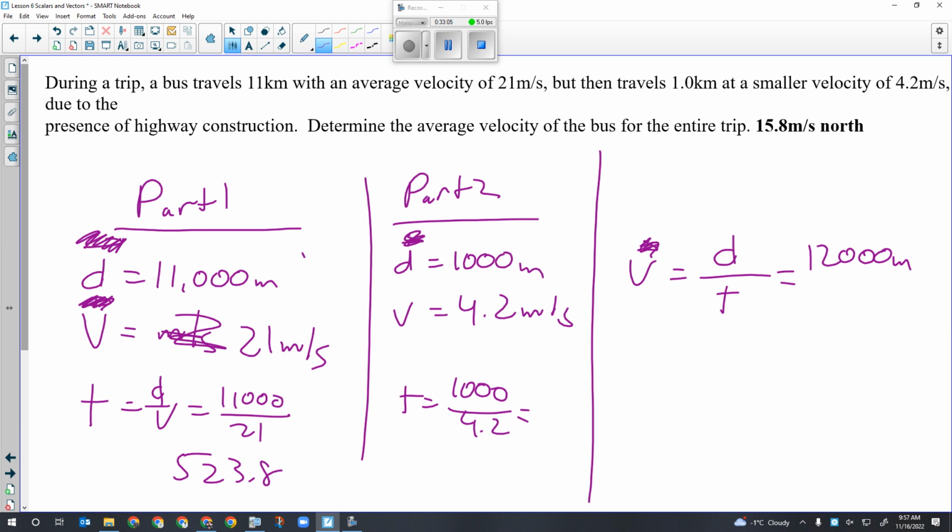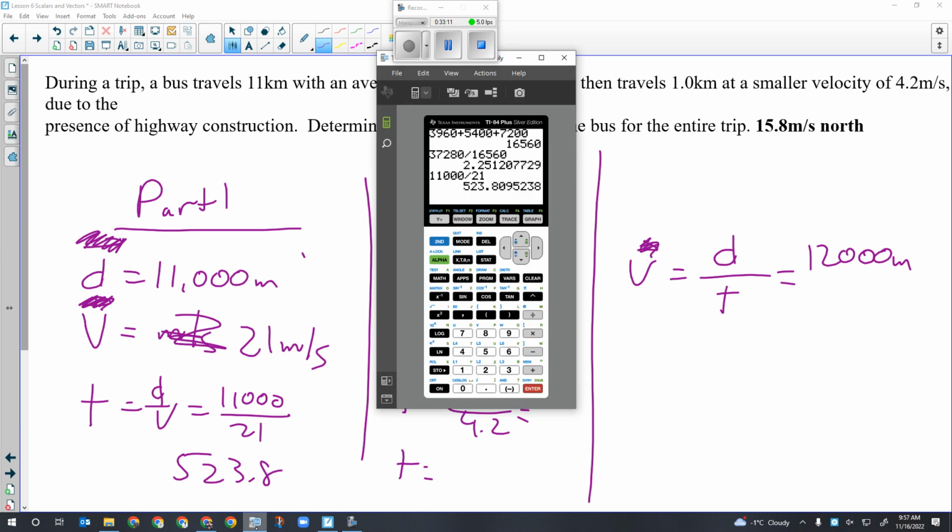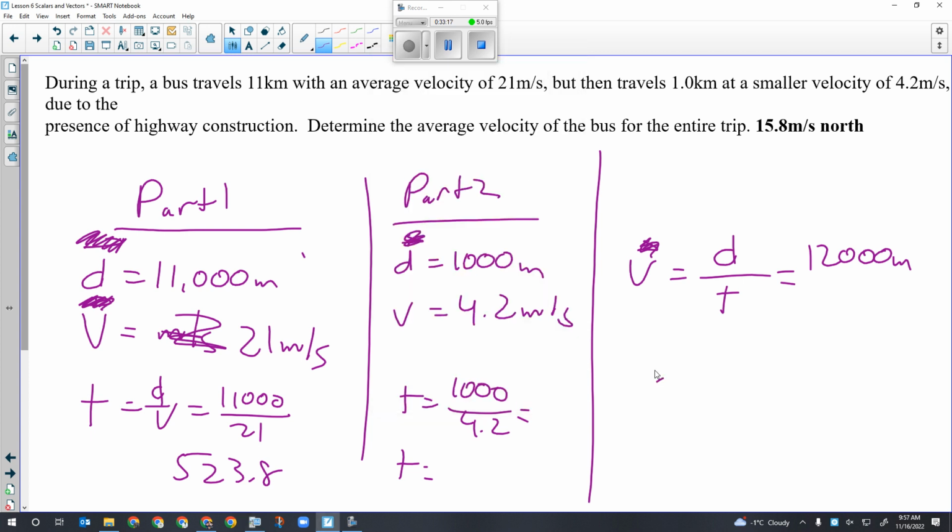And then for this one here, 1,000 divided by 4.2, 238. Now I can get my total distance, total time, and get my average velocity.